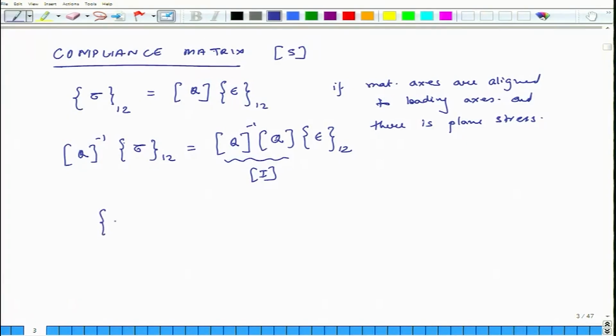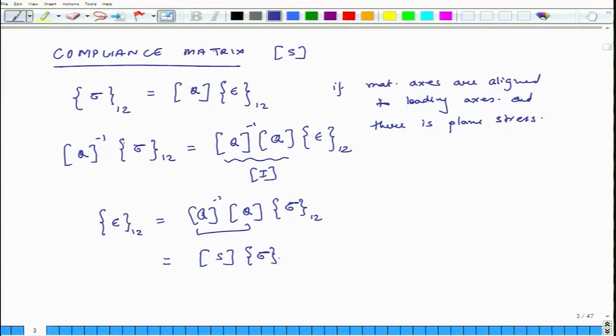So, I can express the strain as Q inverse times sigma 1 2. Okay. So, this product I call S, which is the compliance matrix, times sigma 1 2. Okay.